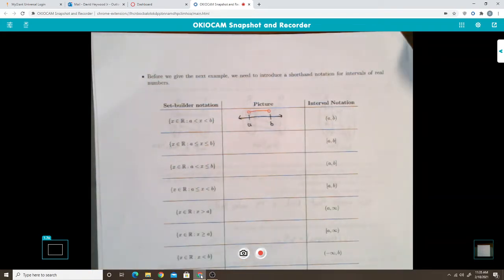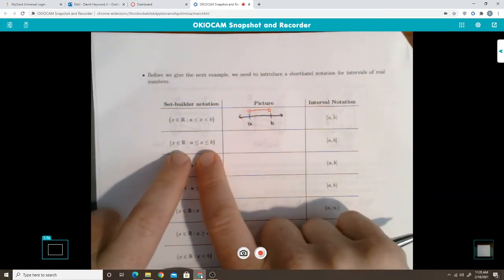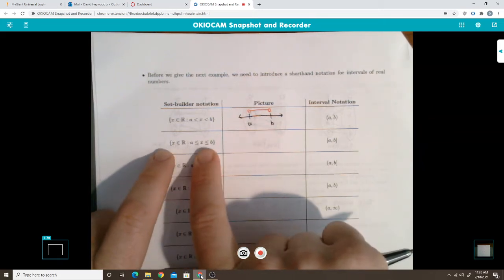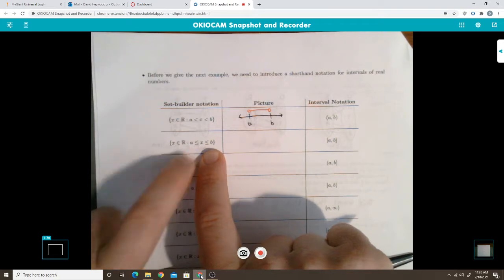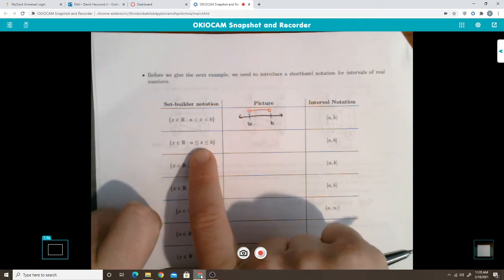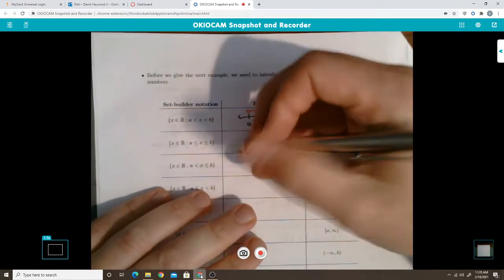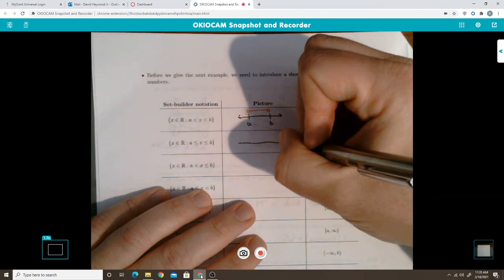Okay. Contrast that with the next one, the set of all real numbers between a and b, including a and b, right? So that's what these lines mean, that x could be bigger than or equal to a, or x could be less than or equal to b. So the picture would look like this.